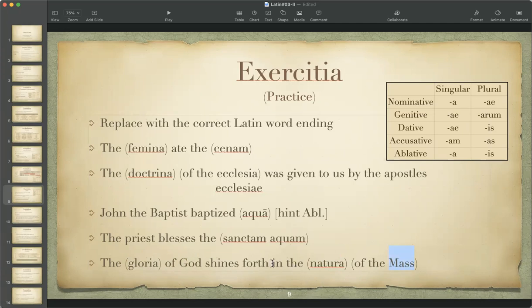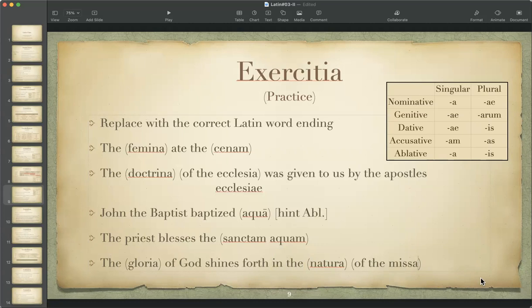Oh, actually, this is getting ahead of things. You've introduced us a little bit to dative. Yeah, that's true. Well, let's do this one. Missa. There we go. In the nature of the Mass. This one should be easy.